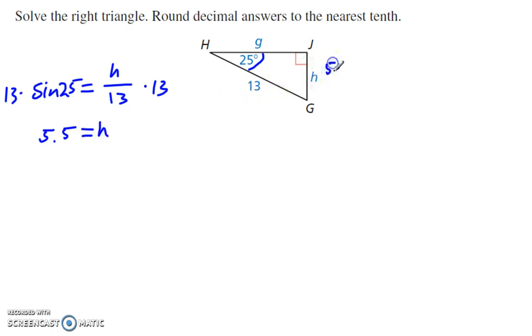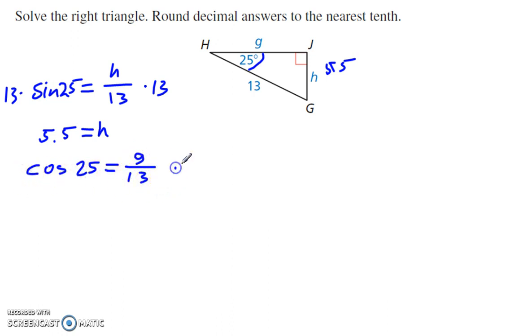So found this, 5.5. Now that we know two sides, we could use the Pythagorean theorem, but because we're having so much fun with this, we're going to use the cosine to find this, and that is cosine 25 is g over 13.